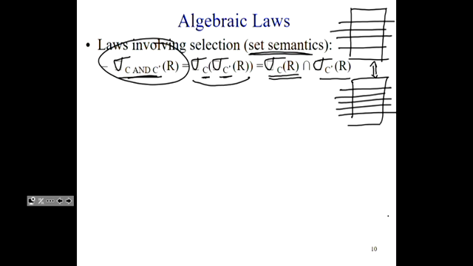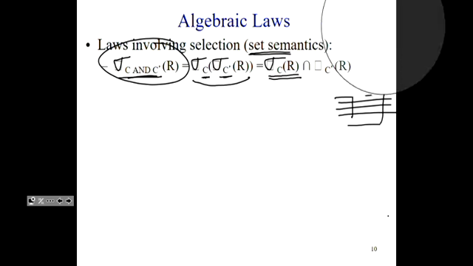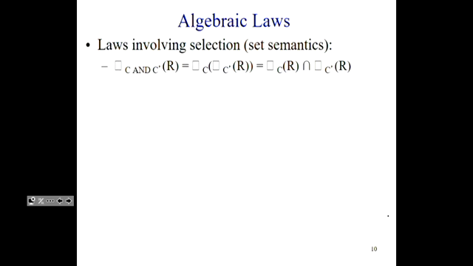So these are not very surprising laws. It just requires you to spend a little bit of time working through the intuition for them. Any questions about this? All good? Okay. Move on to the next.